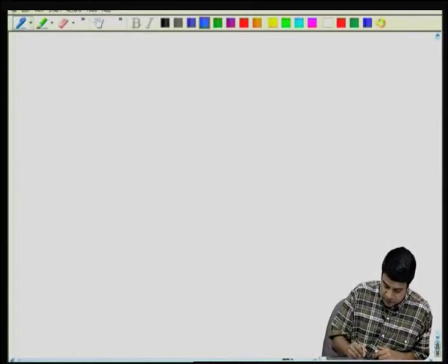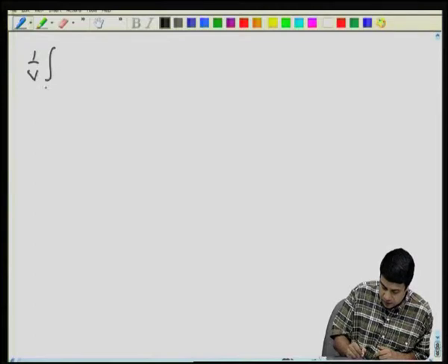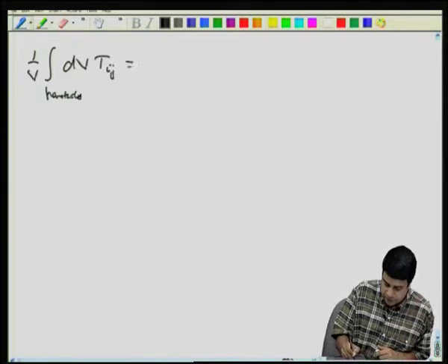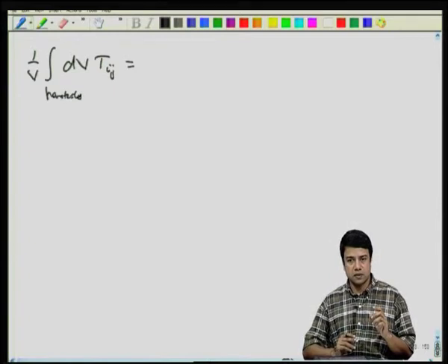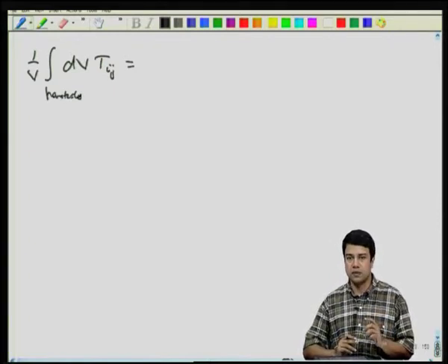So, first things first, I have to calculate 1 over V times the integral over all the particles of dV of T I j. Assume that the suspension is dilute, so the particles do not interact with each other.